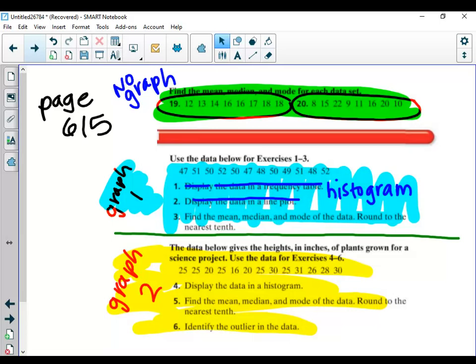So when we had graph paper before and we did 4 parts, you maybe only need 2 parts today because you only need 2 histograms. You can answer mean, median, mode right on the graph paper if you would like to. And these top 2, 19 and 20, don't even need a graph.